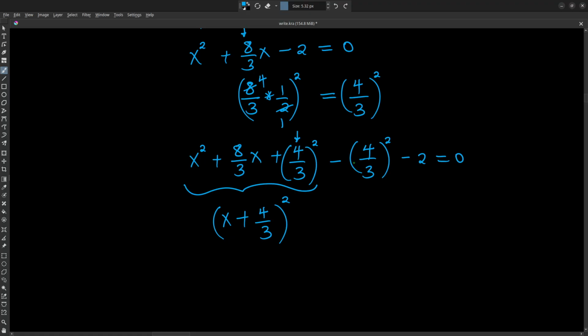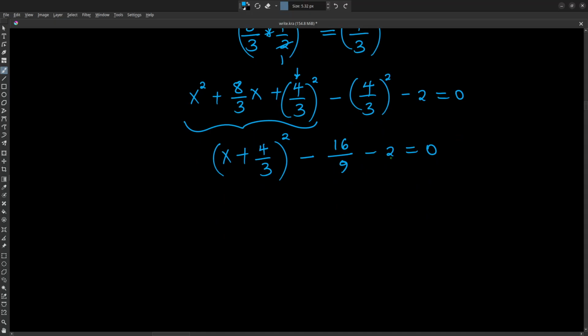And then now we can proceed. So minus 4 over 3 squared is the same as we have to square the numerator first, and then we square the denominator. So 4 squared, that's going to give us 16 over 3 squared, that's going to give us 9. And then we have minus 2, and we are saying this is equal to 0.